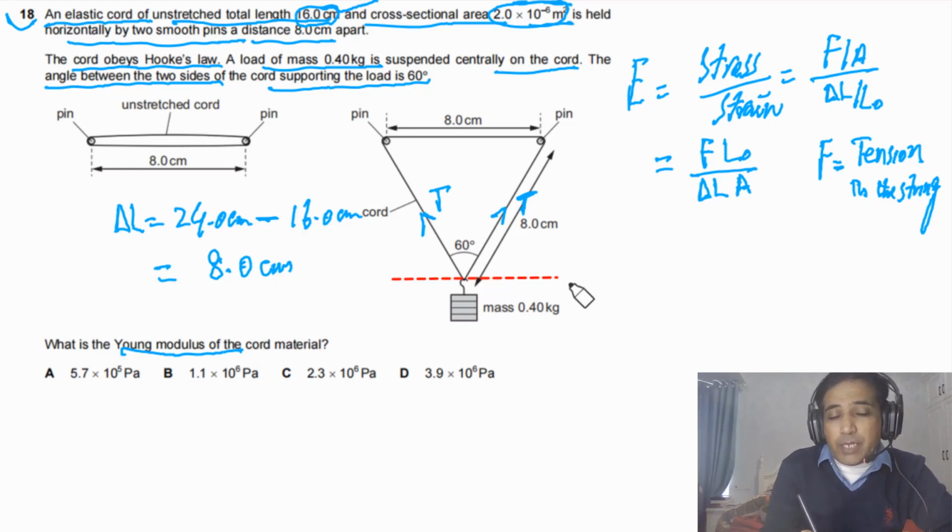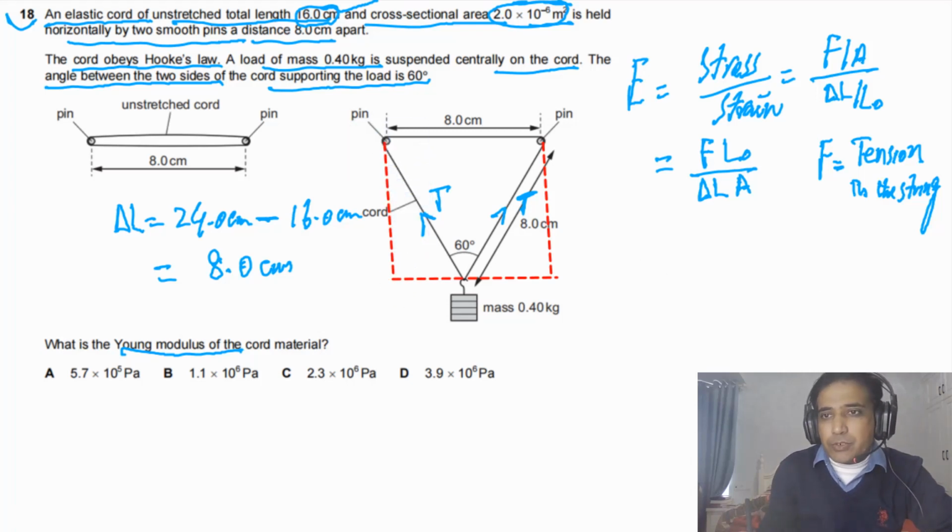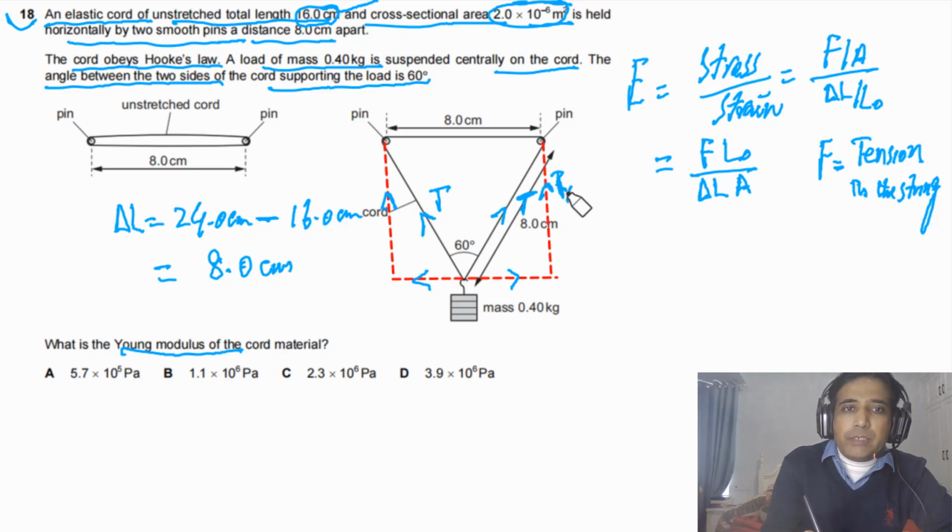But this also has a vertical component, and we can draw here that it has a vertical component. So we can add arrows here. So tension is this way, this tension is this way, this component is up, and this component is also up. We can say this is Ty, and this is also Ty.